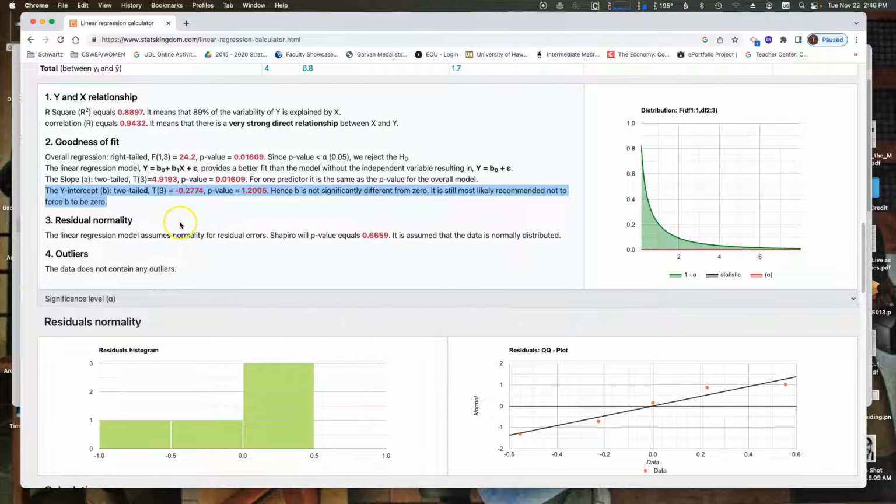So we do see, in terms of the goodness of fit, it does give us a little bit of a description here.